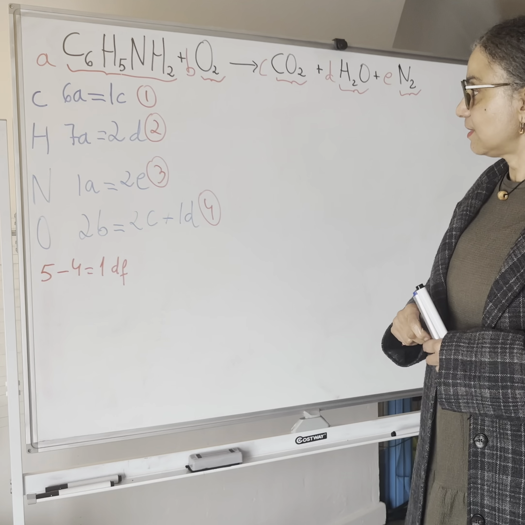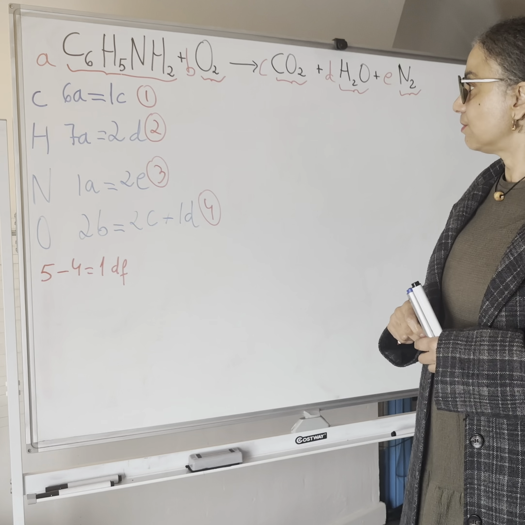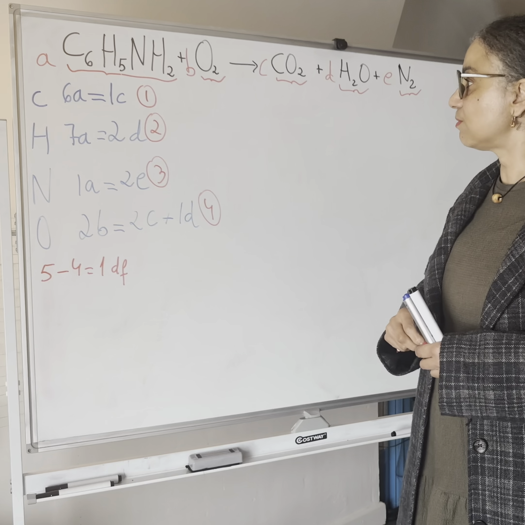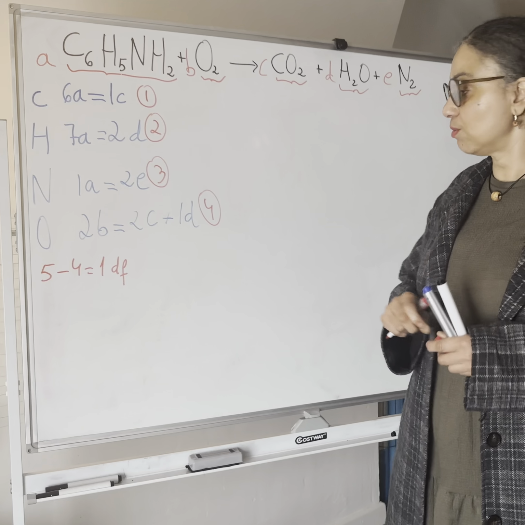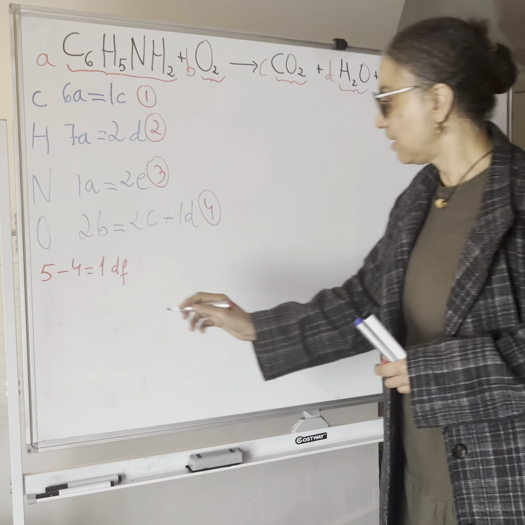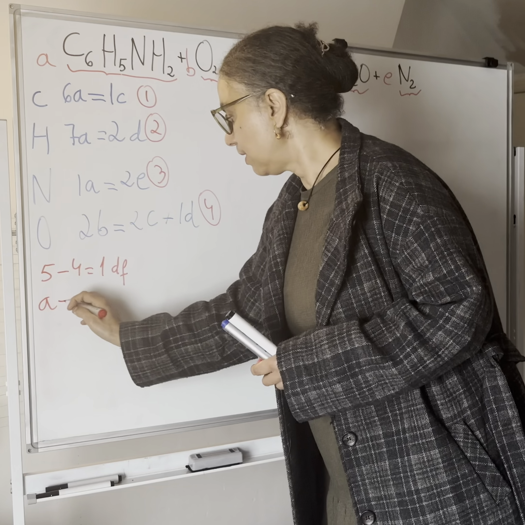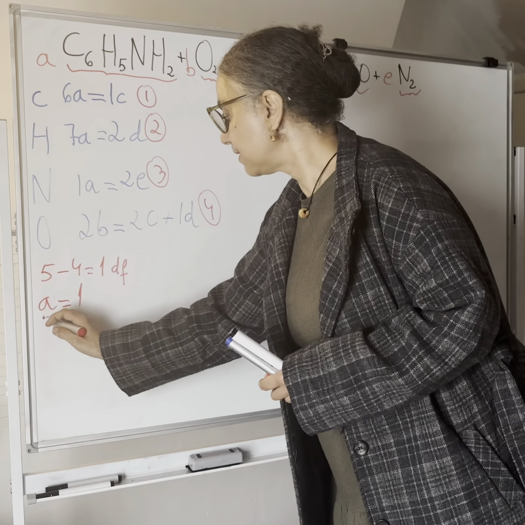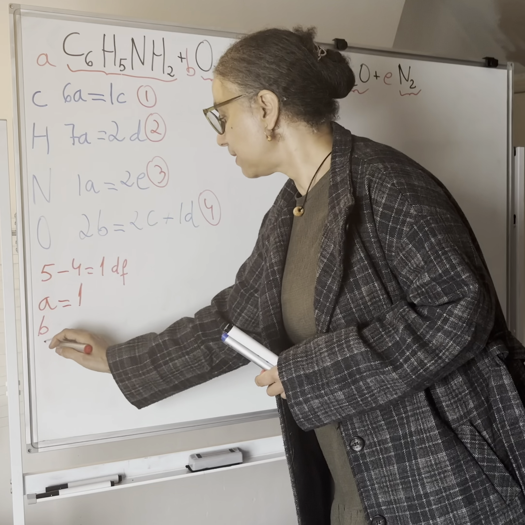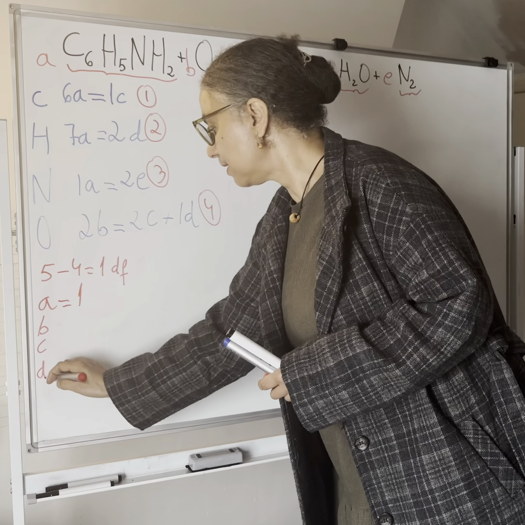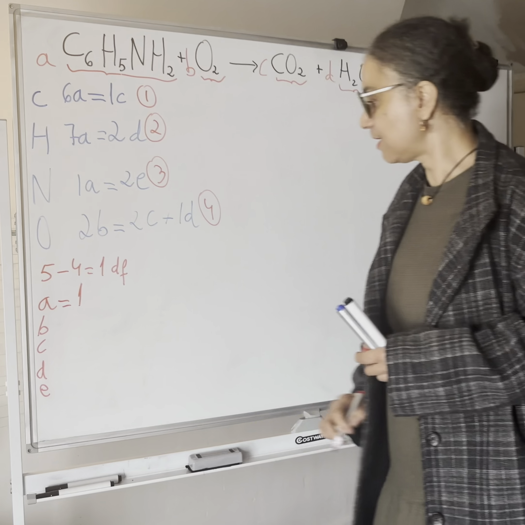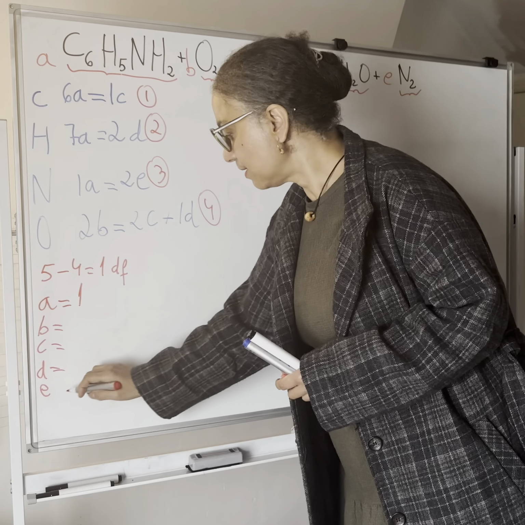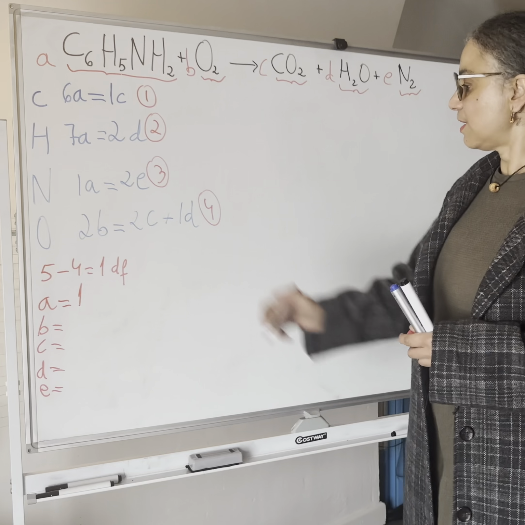We give this value to the variable that has the most complex molecule, which is A, the aniline. So A equals 1. Now we have to solve for B, C, D, and E. So now we know that A equals 1.